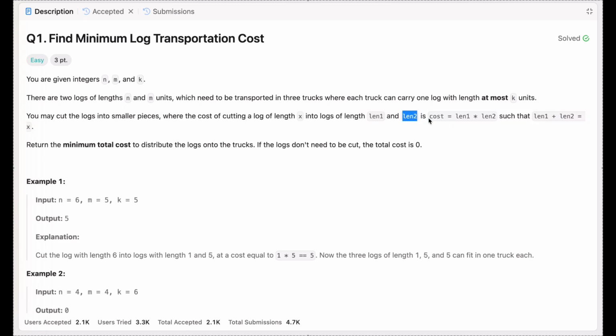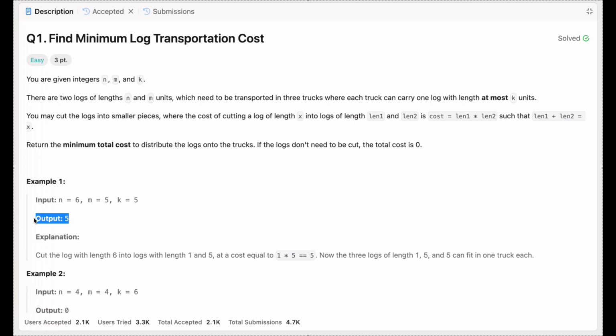We multiply the lengths and return it. I hope you understand the problem. If a log is too long to fit in a truck, you can cut it into smaller pieces, but cutting costs money, and the cost is based on how you cut the log.